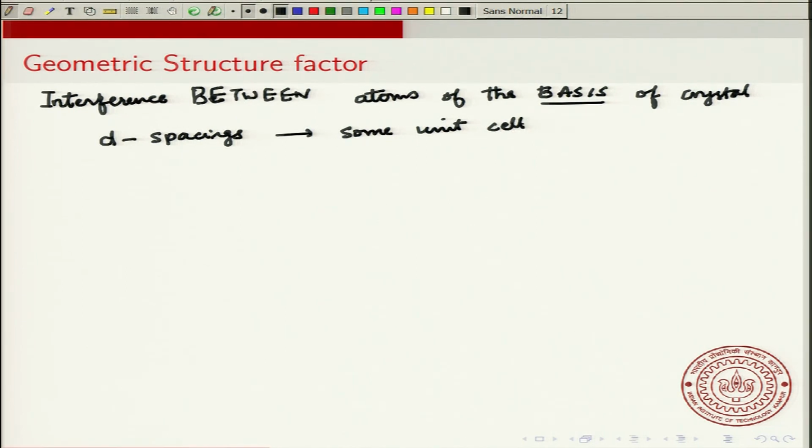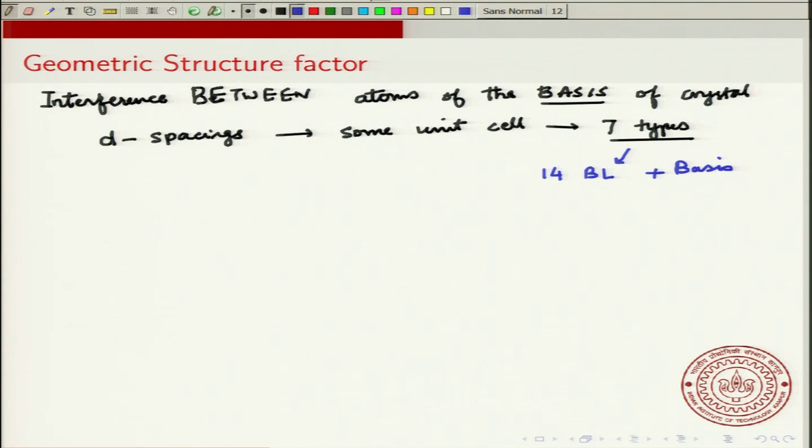And so for the unit cells, there are only 7 types corresponding to 7 crystal systems. Within these 7 types there are 14 Bravais lattices, and then you have all the space groups and so on. Now, you can also have bases.